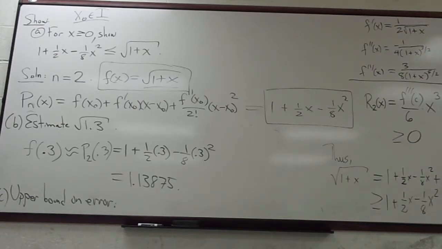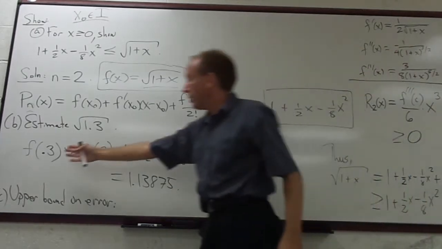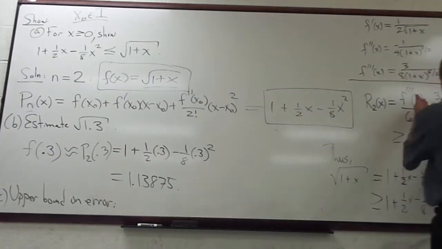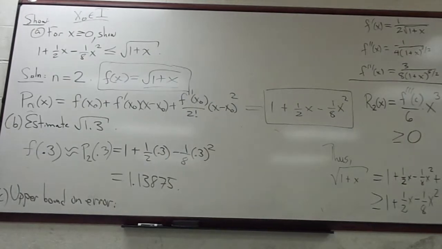And by the way, we already know what x is. x is 0.3, because we evaluated f of 0.3 by using p2 of 0.3. So we are obligated to put in 0.3 for this x as well. So the issue is the c. Now c is between 0 and x, so in other words, c is between 0 and 0.3.